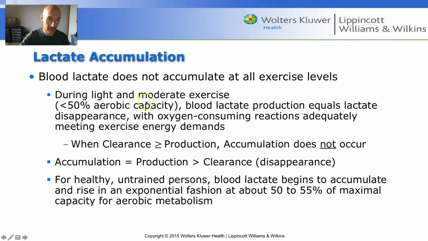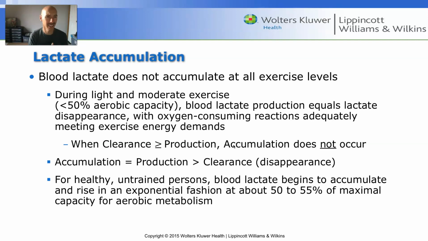So at low exercise intensities, this is the situation that exists. We're producing lactate, yes, but we're clearing it faster than we're producing it, so it does not accumulate, so we don't feel anything, right? It's not a problem. At higher exercise intensities, and this varies greatly upon the person, right? The more fit you are, the higher the exercise intensity this occurs. The less fit you are, the lower intensity.